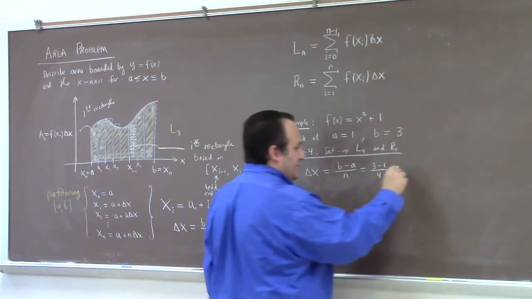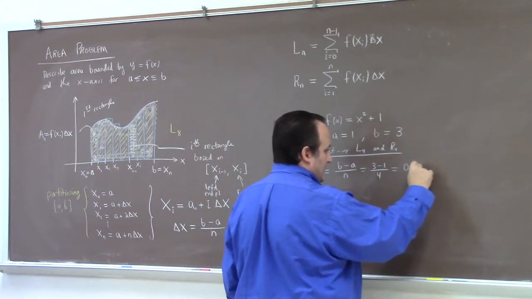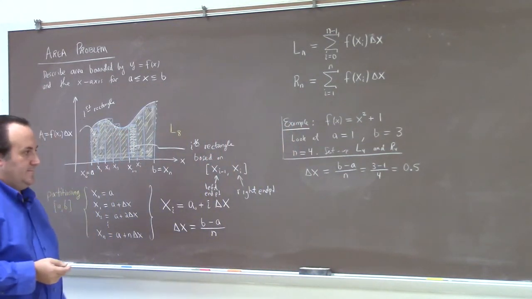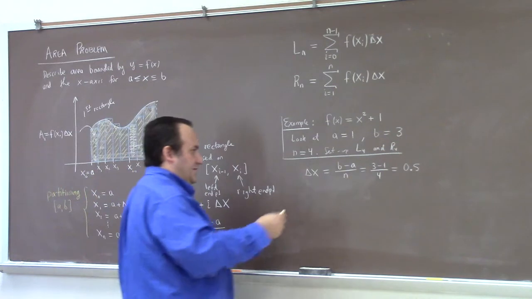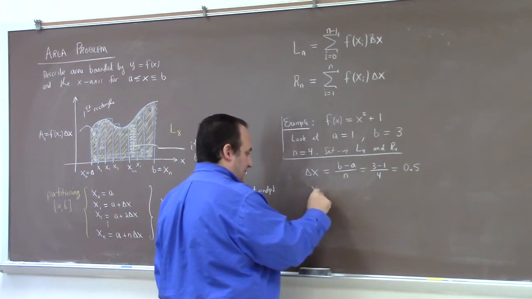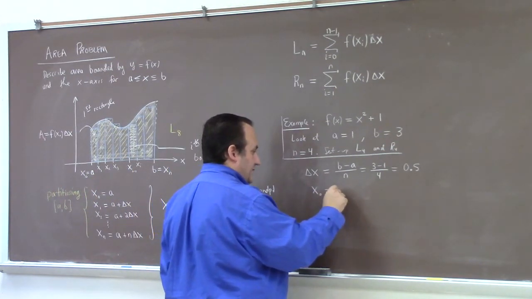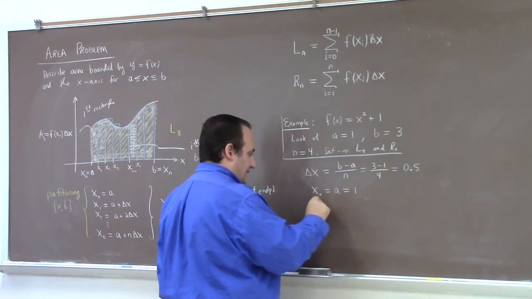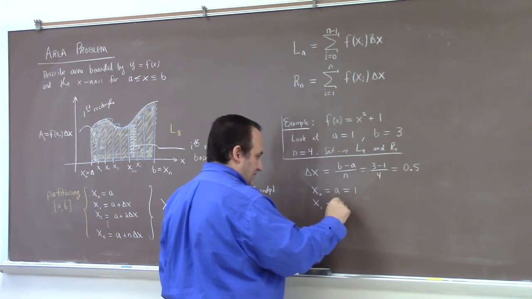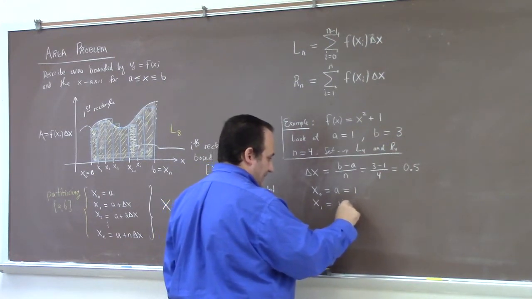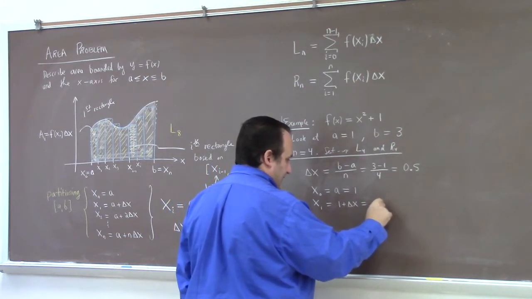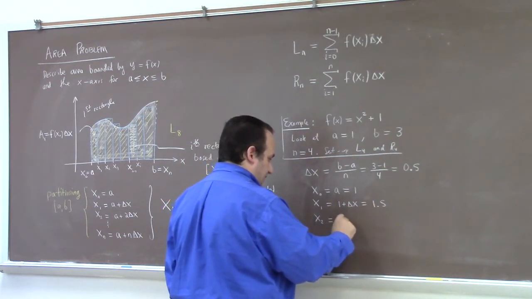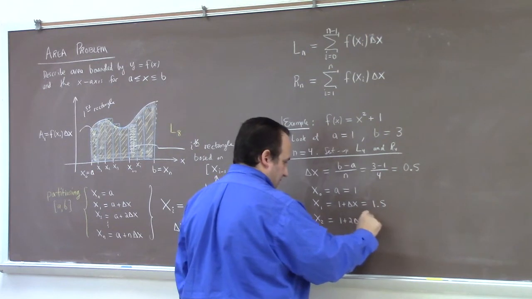I'm going to write it as 0.5 because I find that convenient for numerical calculation. x sub 0 is a, which in this case is 1. That's given. x1 is 1 plus delta x, which is 1.5. x2 is 1 plus 2 delta x, which is 2.